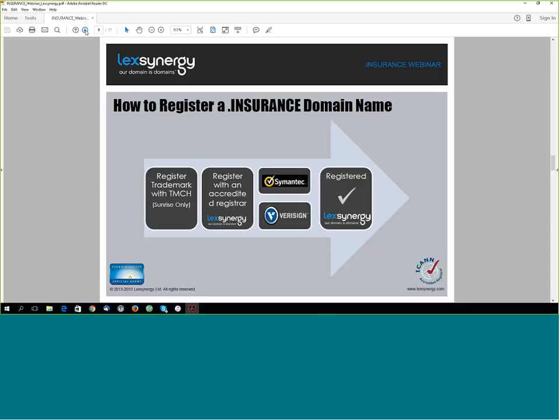So working together, they make sure that the .insurance domain name complies with the particular restrictions. If you are successful, you've passed that phase, which you should after we pre-vet your information, your domain name is then registered and then you can use it. So that's the registration process in summary.